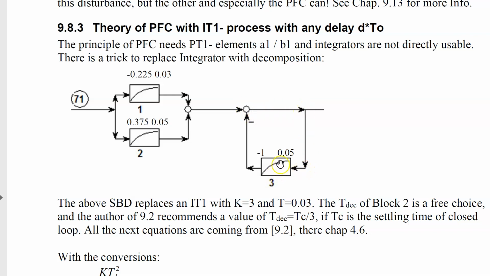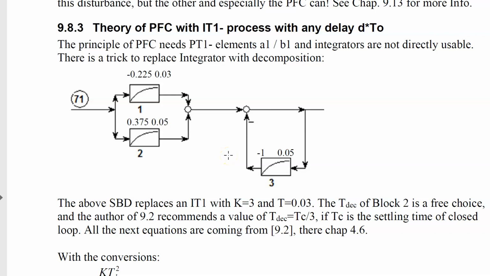Look what I have here. This is a PT1 in the feedback loop. So this is a feedback loop with a negative sign here and a negative gain here. So this is a positive feedback. What this does for the behavior, I can show in the next step. Or in other words, I show you that this behaves exactly like an IT1.